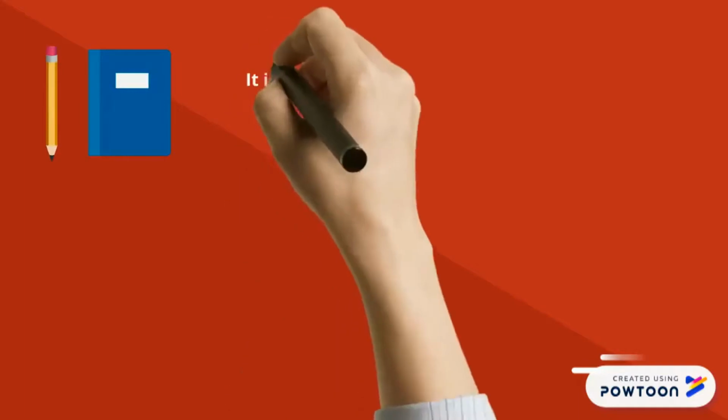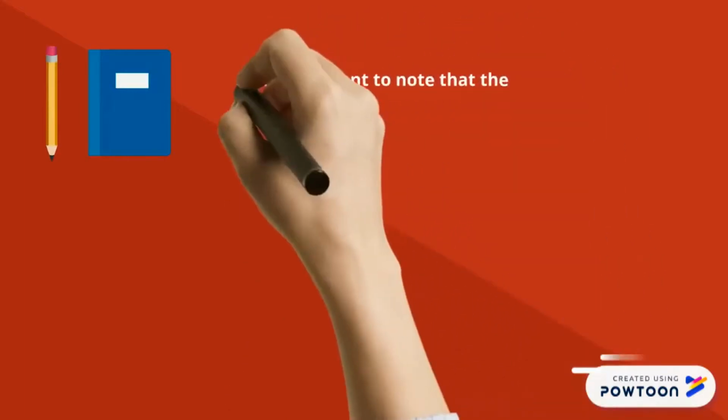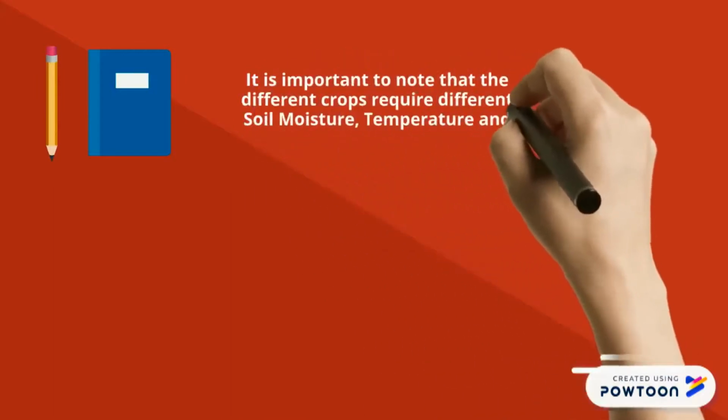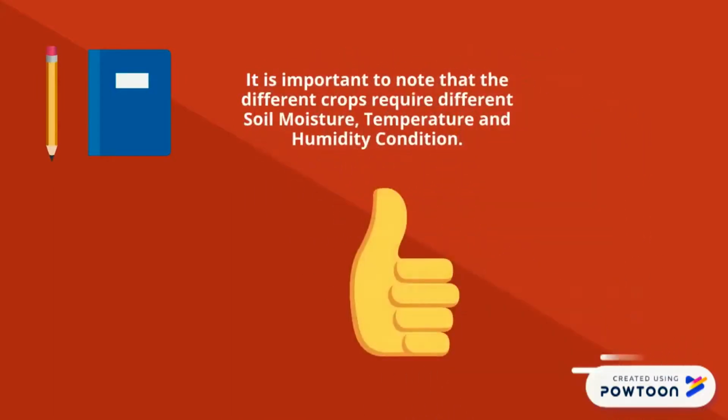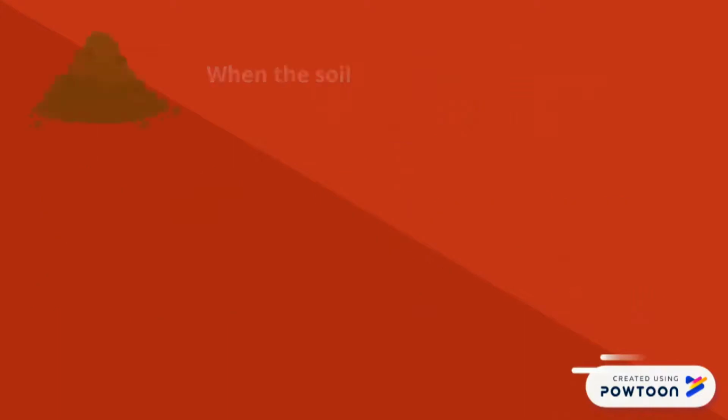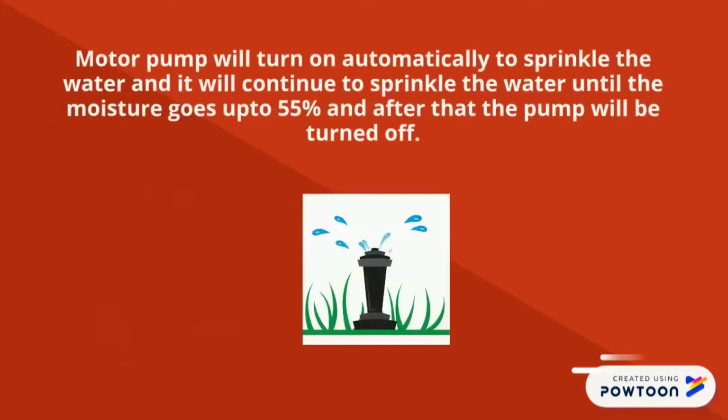When the soil moisture falls below 50%, the motor pump will turn on automatically to sprinkle the water, and it will continue to sprinkle until moisture goes up to 55%, and after that the pump will be turned off.